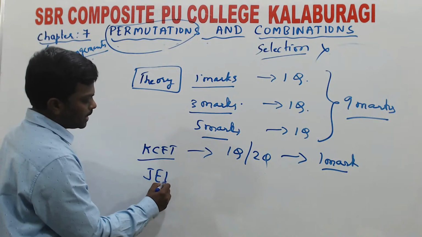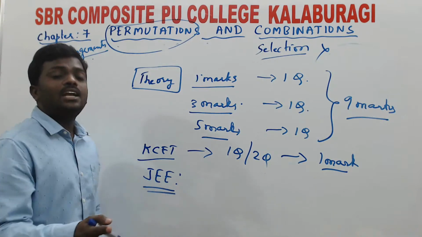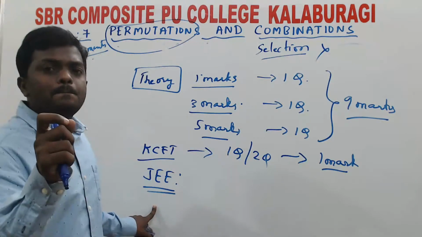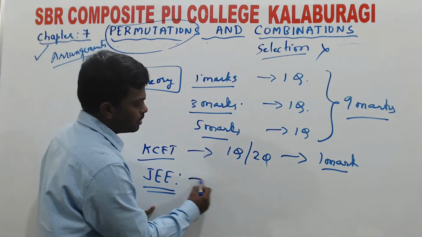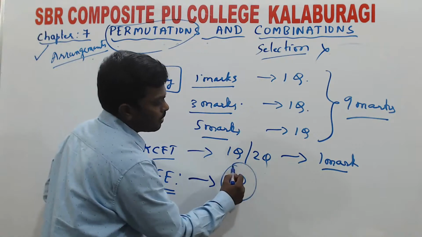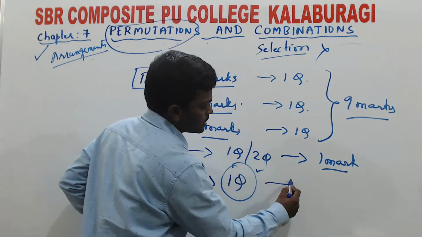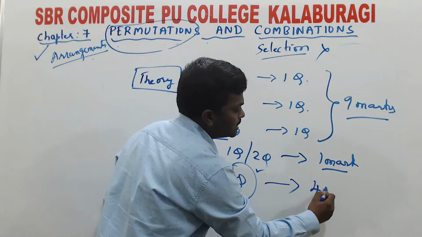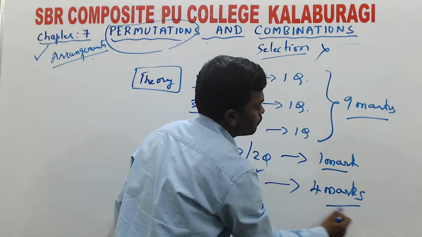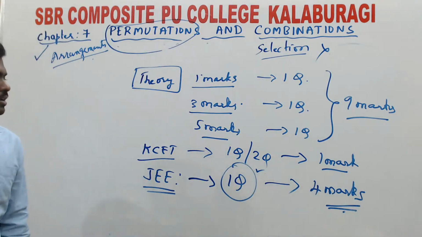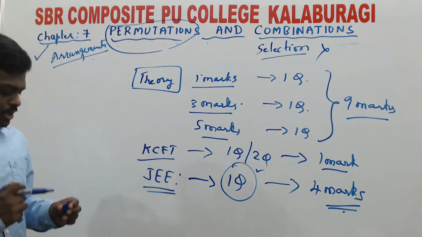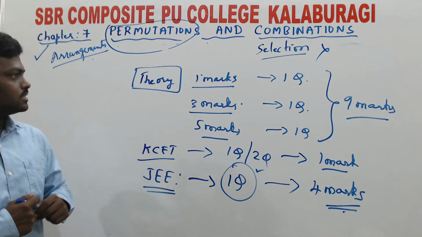And for JEE, the trend we have observed in the past 5 years is that one question is compulsorily asked on the topic permutations and combinations, and in JEE each question carries 4 marks. Is that clear? So this is just a blueprint of the various competitive exams that you will come across. Okay, students.